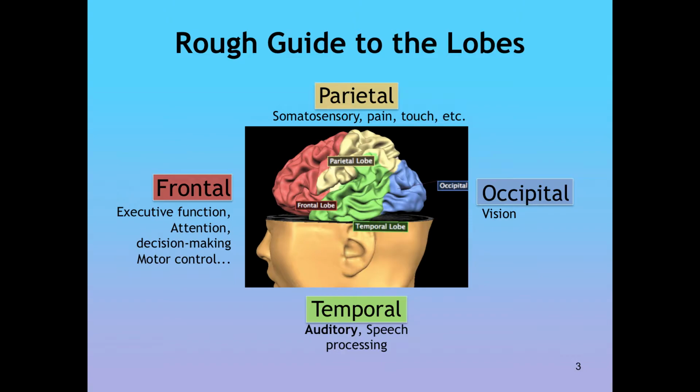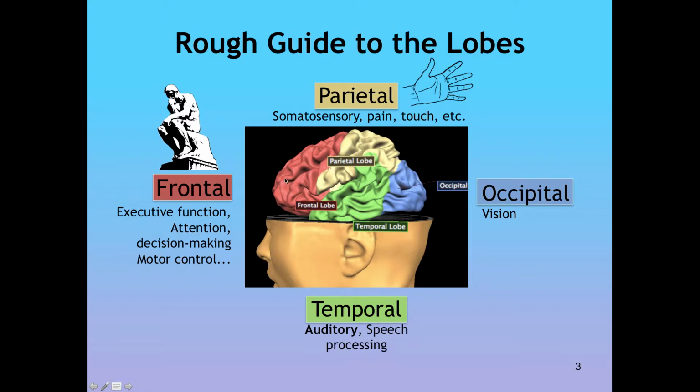And all of these lobes are intricate and complex, and they're involved in a lot of different types of processing that we're just beginning to understand. But at the very broad level, we can say a few things about their functionality. The frontal lobe, for example, is involved in higher level processing, executive function, paying attention to things, making decisions, controlling motor movements.